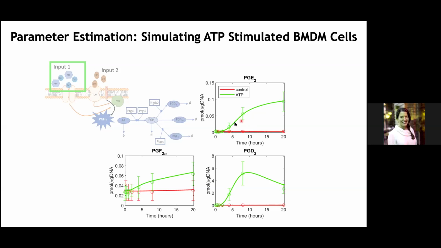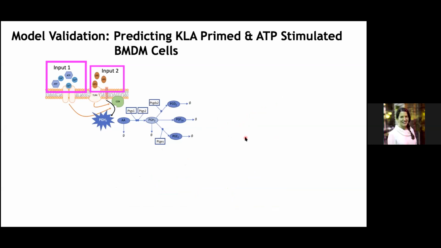Our model simulation results are shown in these solid green and red lines. So visually, you can see that our model effectively describes the conversion of arachidonic acid into the downstream prostaglandin products.